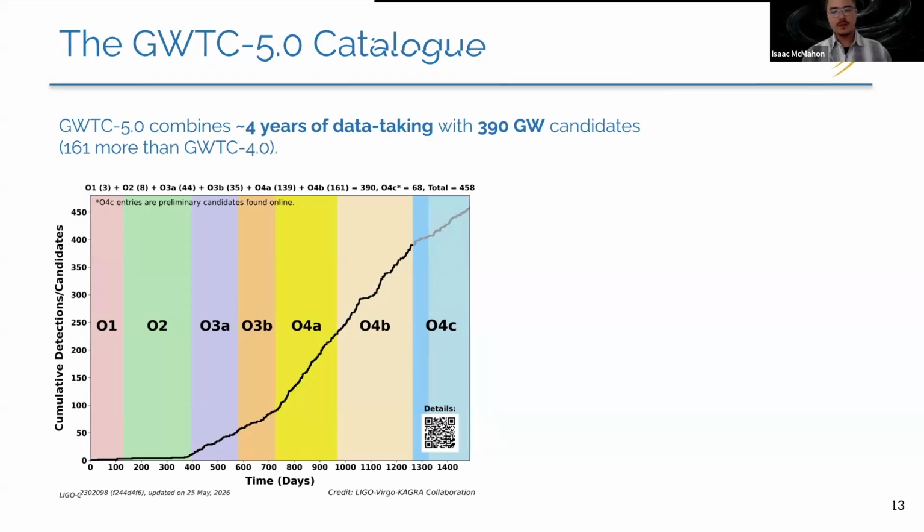Here in this plot, you can see a cumulative distribution of all of the events that we have discovered so far, according to observing time. This actually includes a bit of a sneak peek into the next data release for O4c, which is the third part of the fourth observing run. But what we are considering in this study is only up to O4b. So this is 390 GW candidates.